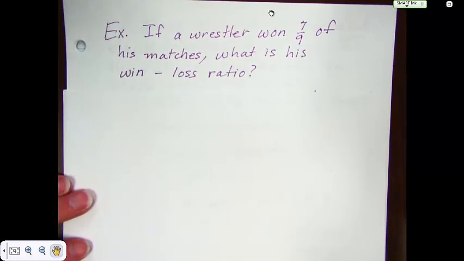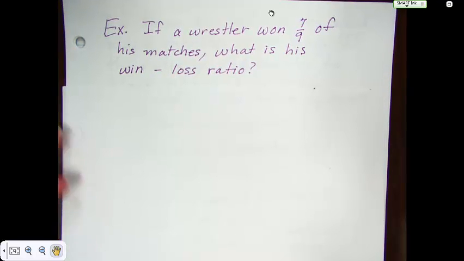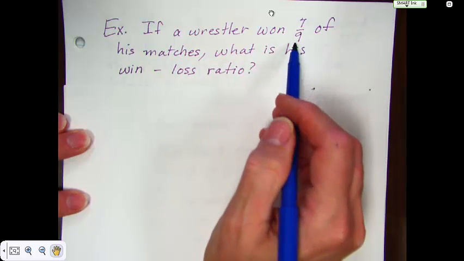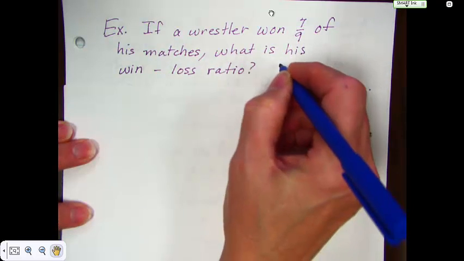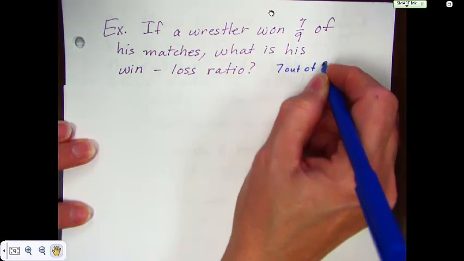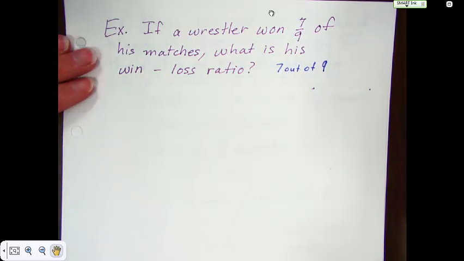Okay, let's take a look at another example. If a wrestler won 7 ninths of his matches, what is his win-loss ratio? He won 7 ninths, or 7 out of 9 of his matches is what you're thinking here.